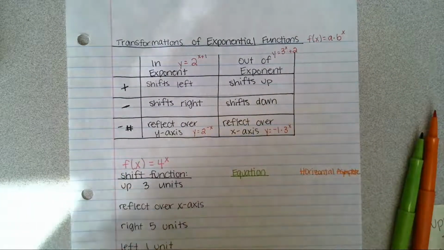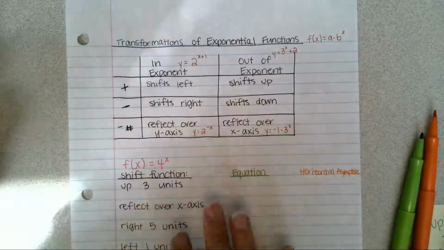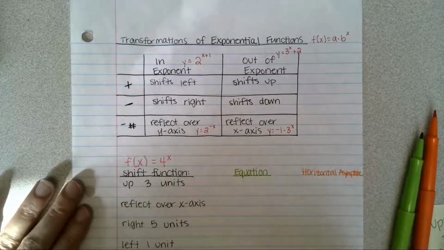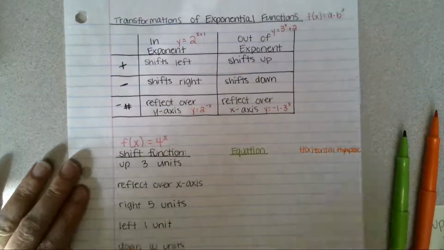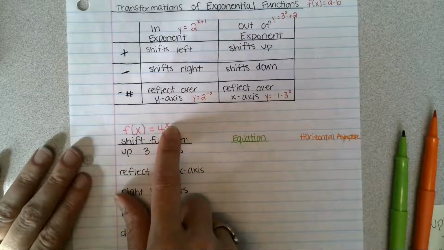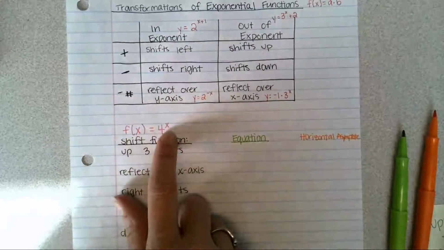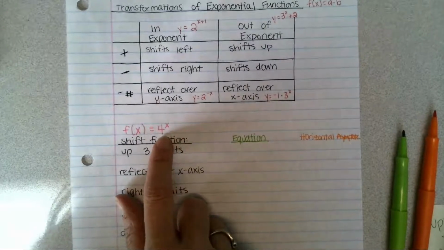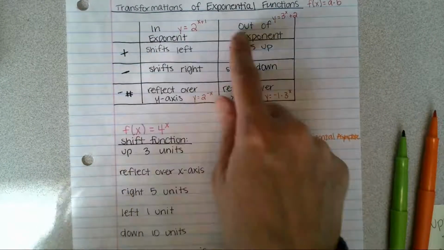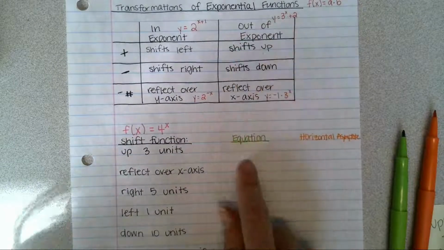We're going to practice this a little bit down here. I've given you the original function f of x equals 4 to the x, and we're going to transform that function in different ways, and I'm going to show you how that changes the equation. We're going to use this table to determine how to write our new equations.